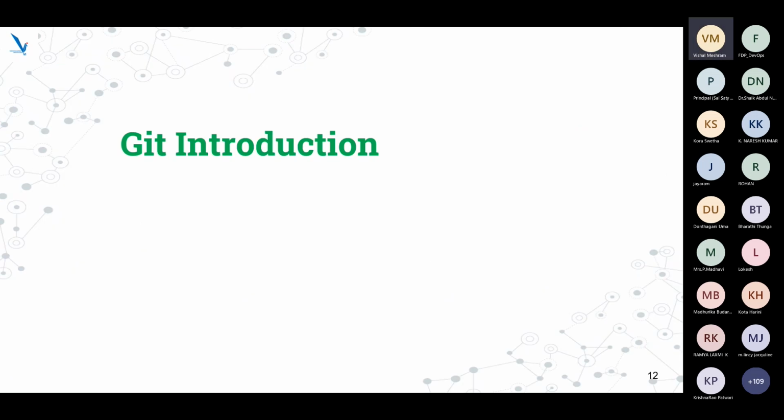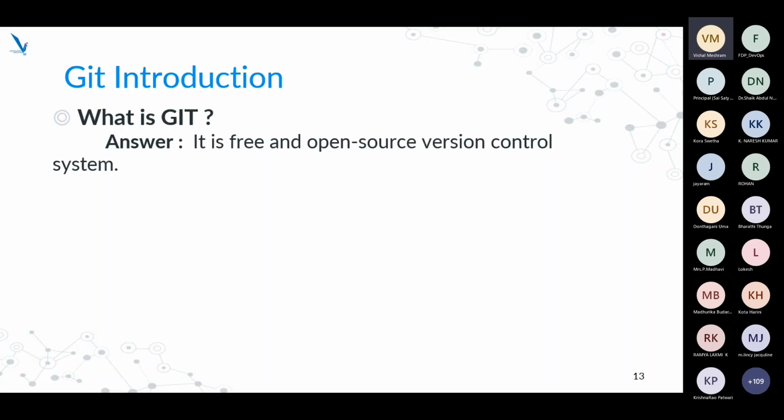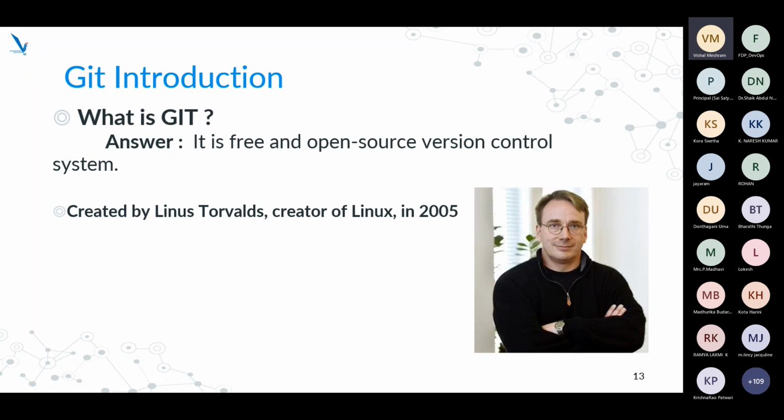Now, what is the most popular tool available for the distributed or decentralized version control system? Git is the very popular tool used today. It's a free and open source version control tool. It was developed by Linus Torvalds in 2005, who is also the creator of the Linux operating system.